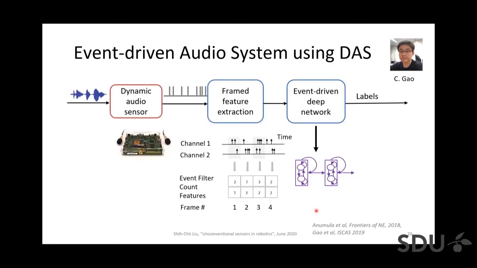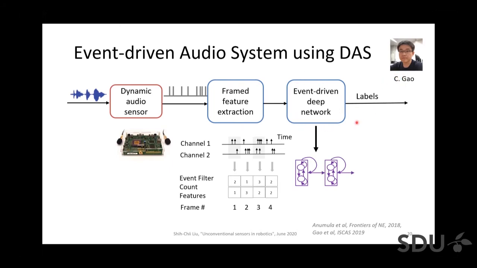So now I turn next to talk about how we're using an event-driven audio system together with deep networks, and also together with the DAS spikes. The pipeline looks as follows. We have the sound coming in again to the DAS, which produces spikes. What we're going to do is create feature frames that we use to drive an event-driven deep network.